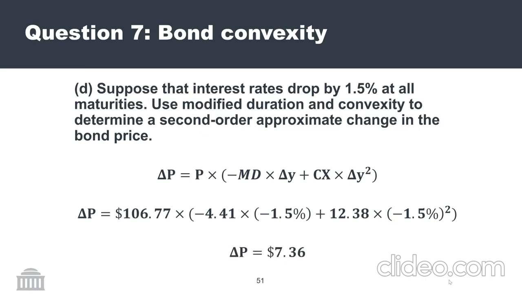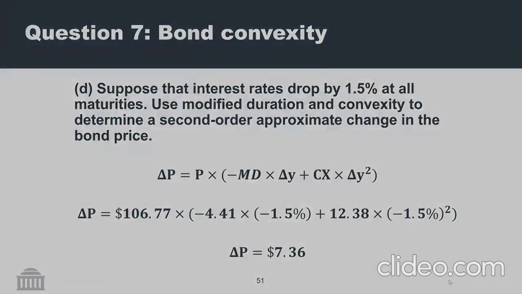Computing this gives us the change in price of $7.36. So as YTM drops by 1.5%, the price of this bond increases by approximately $7.36.